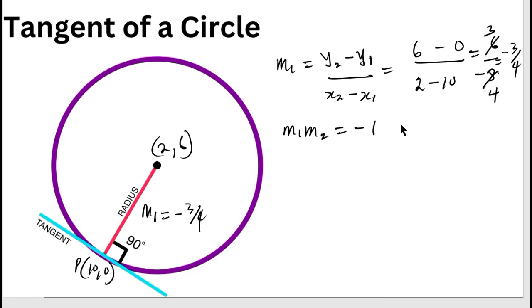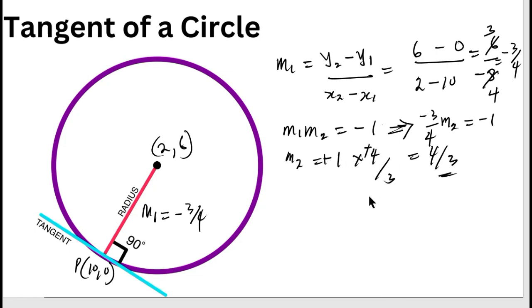So minus 3 over 4 times m2 equals minus 1. m2 is equal to minus 1 times negative 4 over 3, so m2 is 4 over 3. Now, m2 is the gradient of this tangent, so I can begin to define the equation for this tangent.